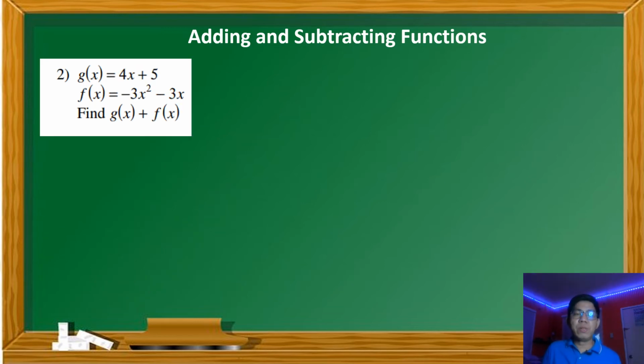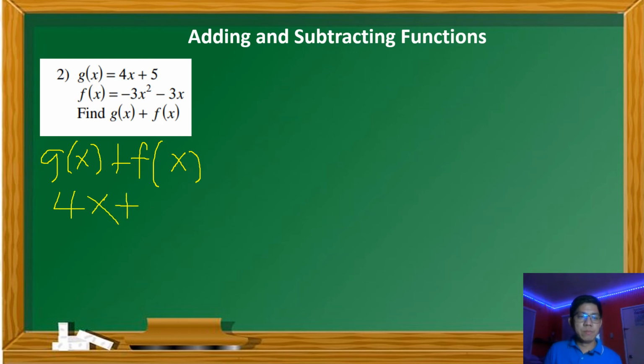So, example number 2, we have g of x is equal to 4x plus 5. Then f of x is equal to negative 3x squared minus 3x. So, we're going to find again g of x plus f of x. So, we have g of x, 4x plus 5, plus f of x, negative 3x squared minus 3x.